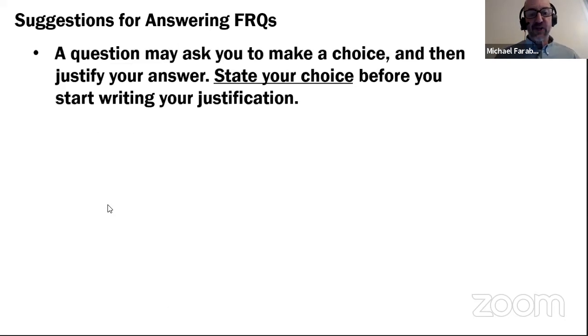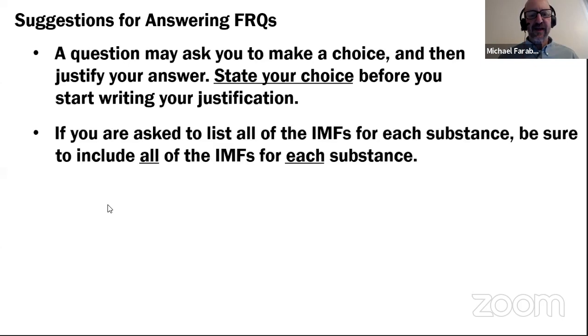A question may ask you to make a choice and then justify your answer. State your choice before you start writing. Some students go into all these wonderful sentences about why they agree or disagree, but then they never actually said, I agree. So we don't know what choice they made. So state your choice and then go into your justification.